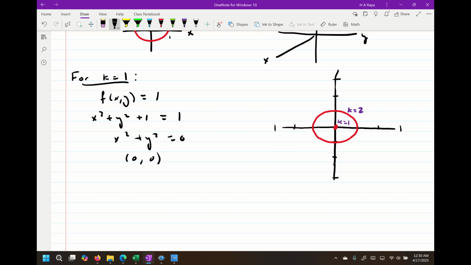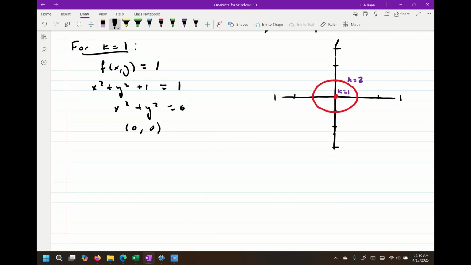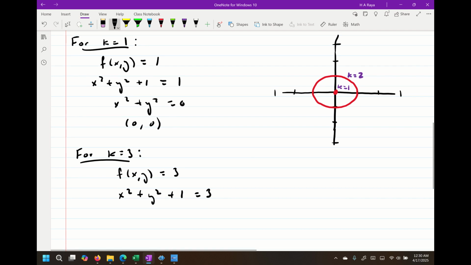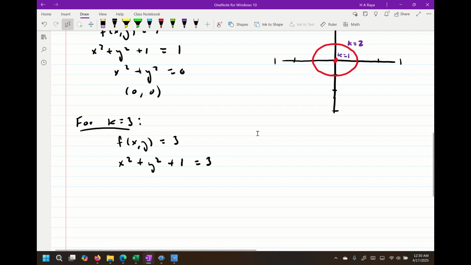Okay, so we got the 1 and the 2. Let's look at the level curve when k is equal to 3. Again, set f of xy equal to 3. So we have x squared plus y squared plus 1 is equal to 3. When you subtract 1 from both sides, you get x squared plus y squared is equal to 2.